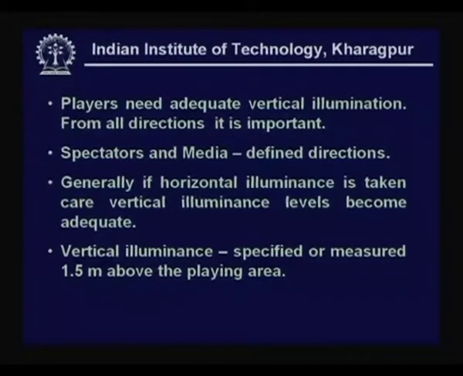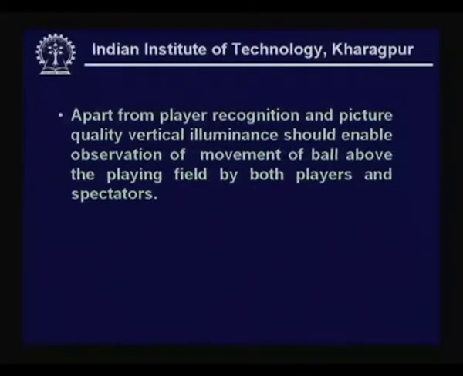The specifications or the measurements for vertical illuminance are usually done at a height of 1.5 meters from the play area. So, about 1.5 meters above the ground, the vertical illuminance levels are specified. Apart from player recognition and picture quality, the vertical illuminance aids observing the movement of the ball by the players as well as spectators.